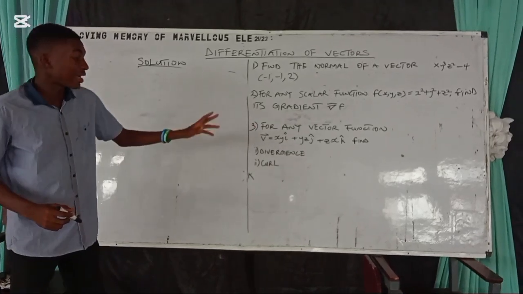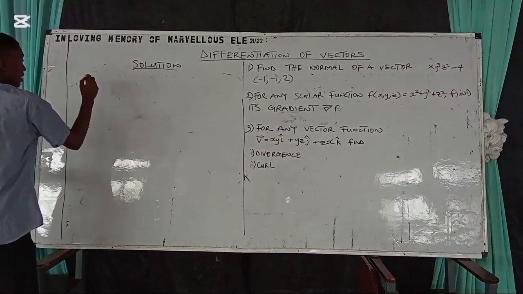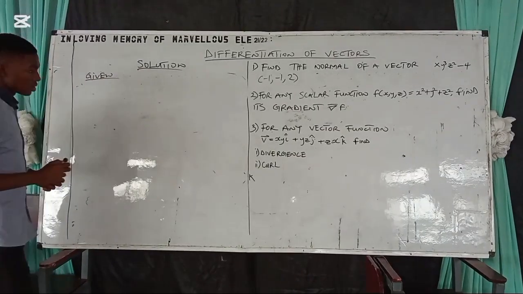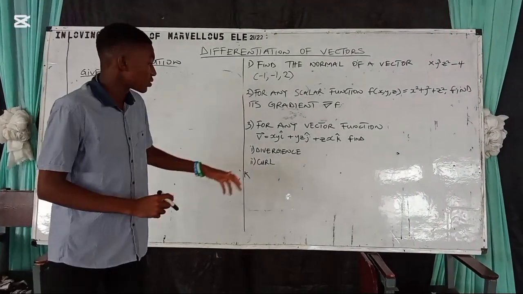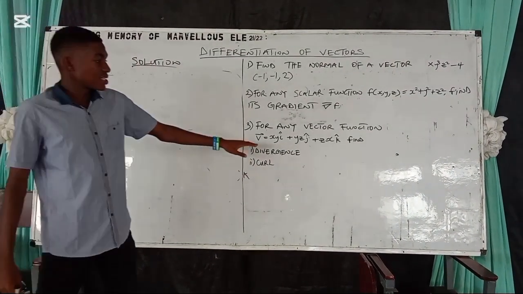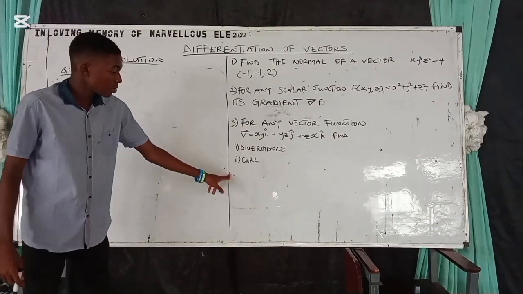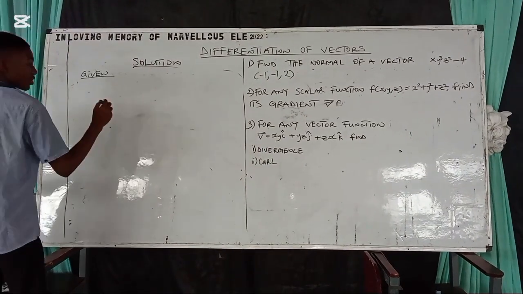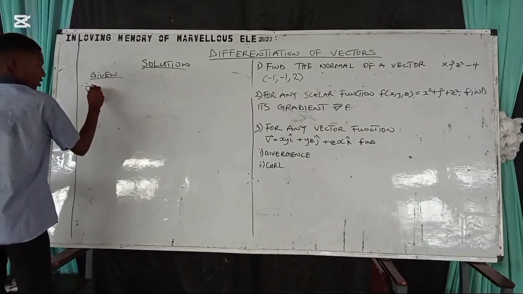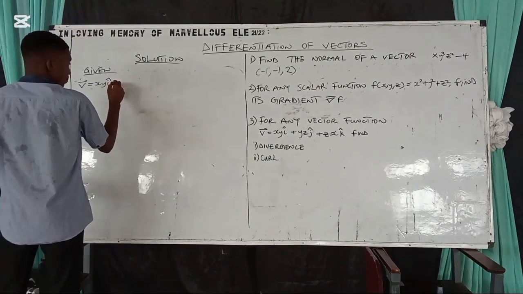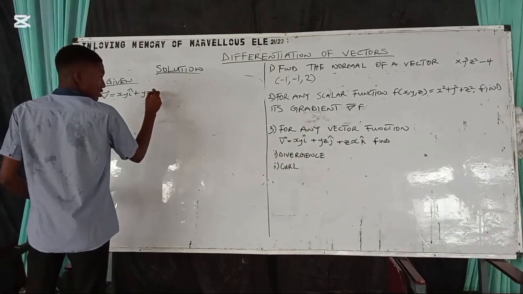Now let's go to the curl and divergence. We have a question here. Given this vector function, find the divergence and find the curl.